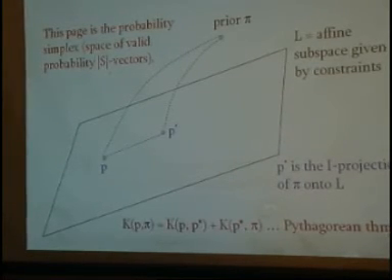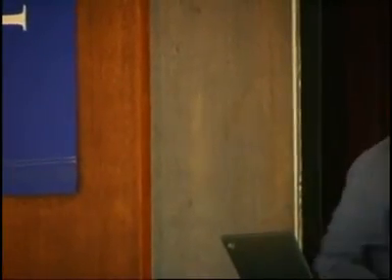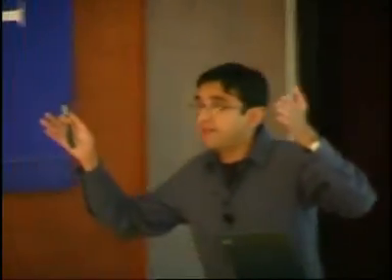Recall that this whole page is the simplex of probability distributions, the simplex of these probability vectors, which are say 50,000 dimensional. We had some prior vector, and we wanted to project it onto these constraints. We wanted to find the vector closest to this which satisfies the constraints, and that's the I projection.